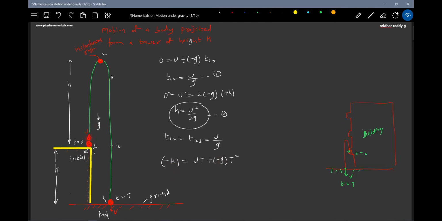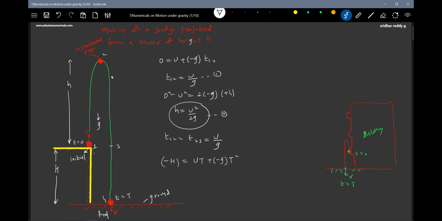It is directed opposite to the initial velocity, therefore it has a negative sign, not based on the motion. It is not that the ball first moves opposite to g and afterwards moves in the direction of g, so you write plus or minus. No, not like that. In the equations of motion, the sign for velocity, acceleration and displacement is based on the initial velocity. If they are directed opposite to the initial velocity, negative. If they are directed in the direction of the initial velocity, positive.